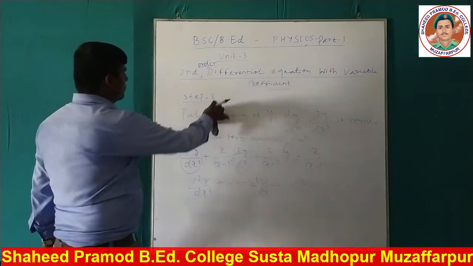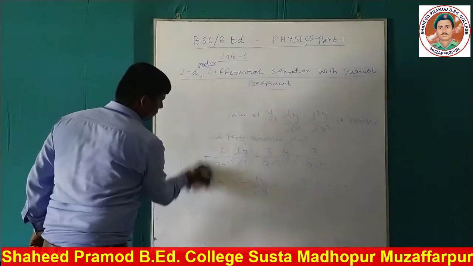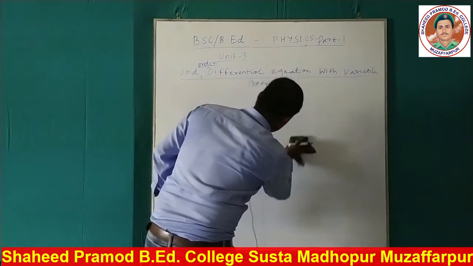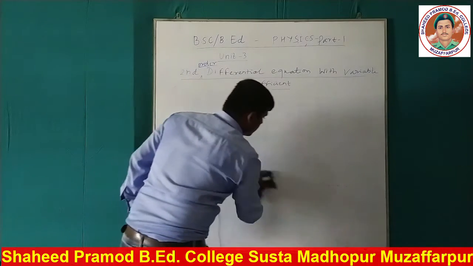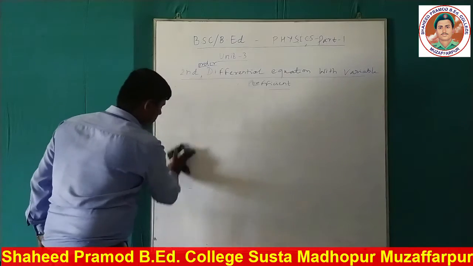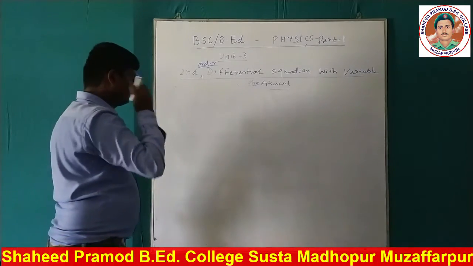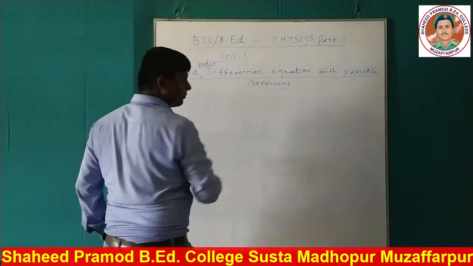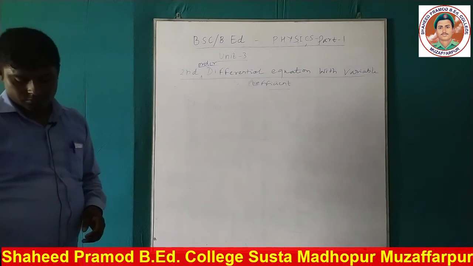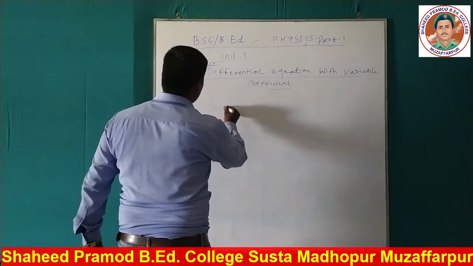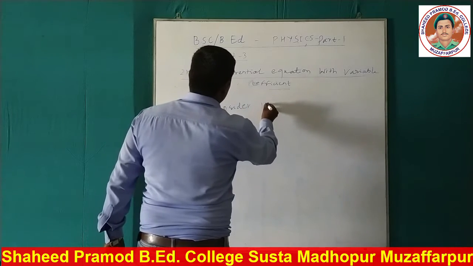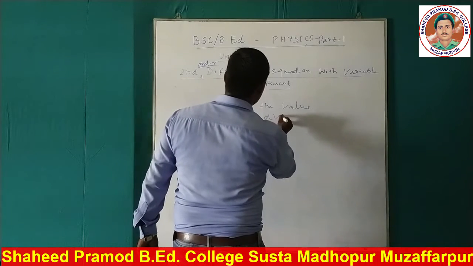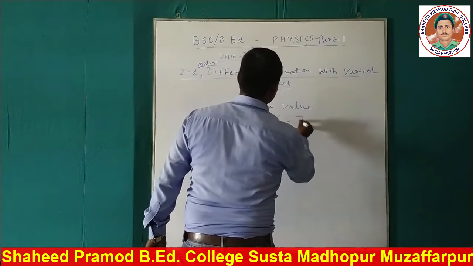Now, in step number 9, consider the value of dv upon dx as z.